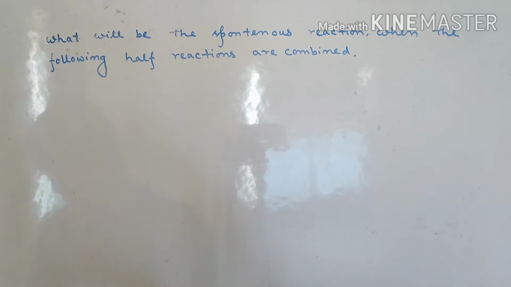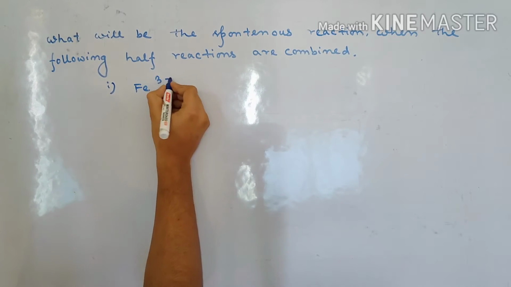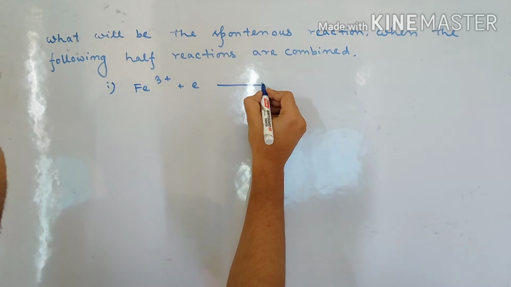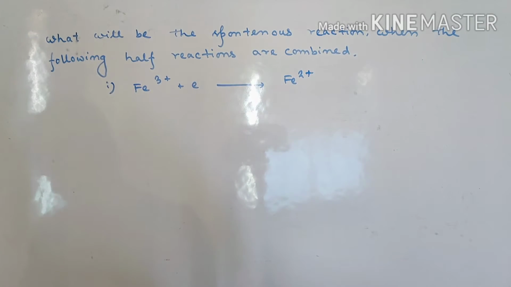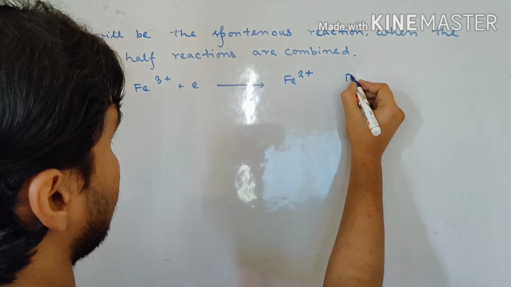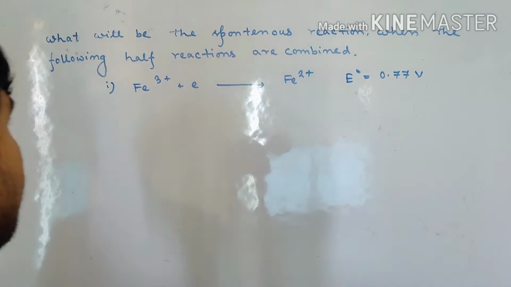The reactions are, first reaction is Fe3+ accepting an electron giving rise to Fe2+. E0 value is given, which is 0.77 volt.